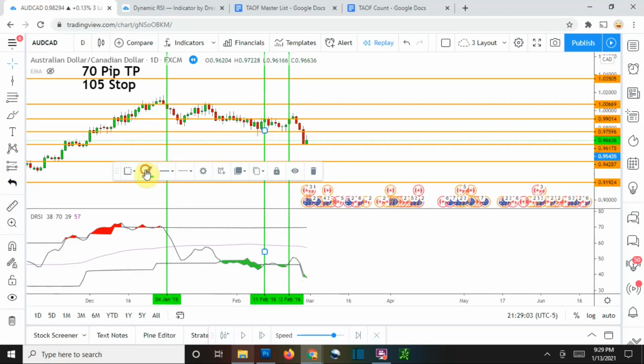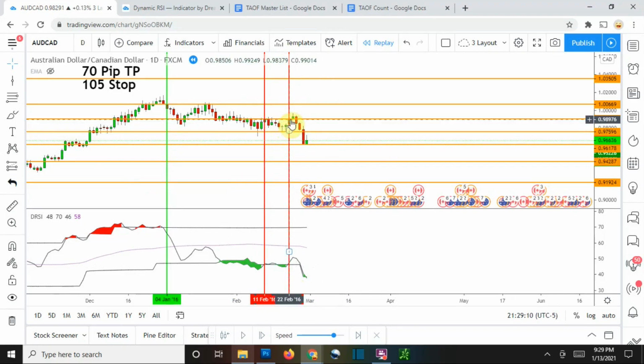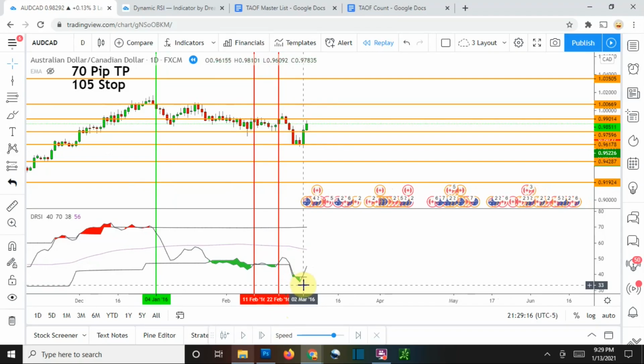So this one here stopped us out, and then we ended up stopped out on this one as well. And now that puts us back down into the oversold area on this big green bar right here.